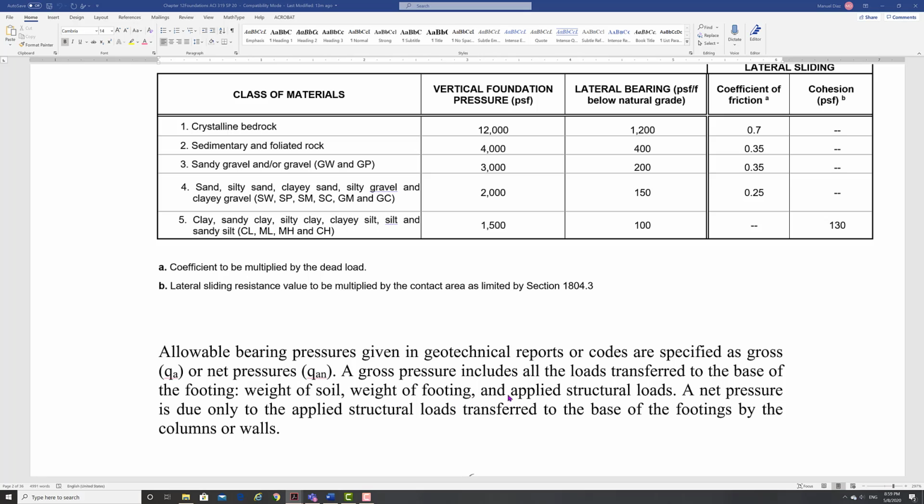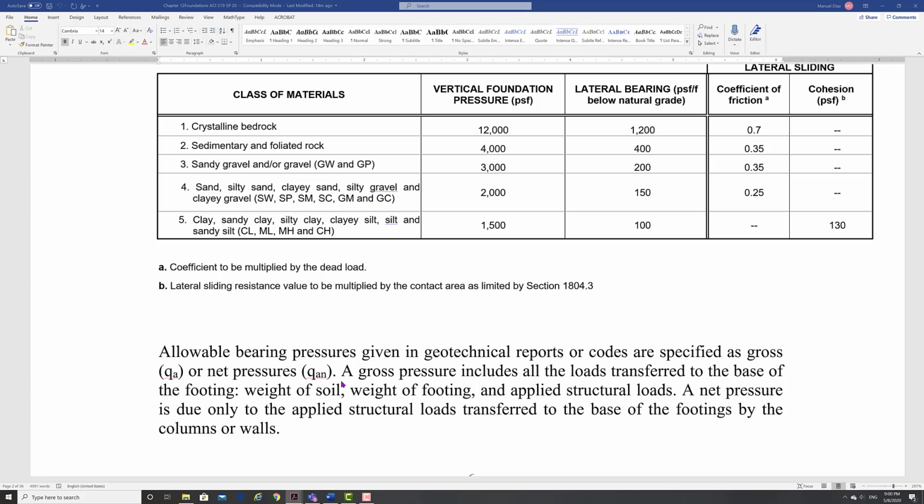And if there is any surcharge on top of that, that needs to be included. A net pressure is due only to the applied structural loads. So it's only to these guys right here, okay? So these are eliminated from the value.